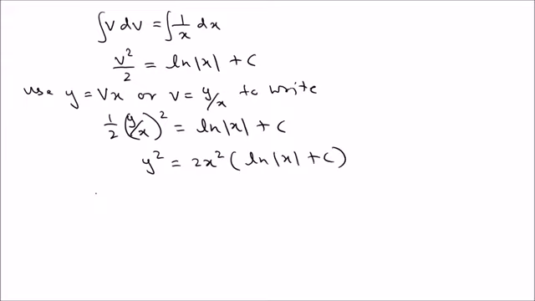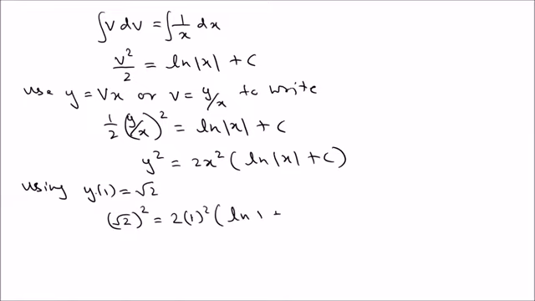Now what we can do is solve for c. Using y(1) equals square root 2, we substitute: square root 2 squared, that's the y value, x value is 1, and then we have ln 1 plus c, but we know that ln 1 is 0.